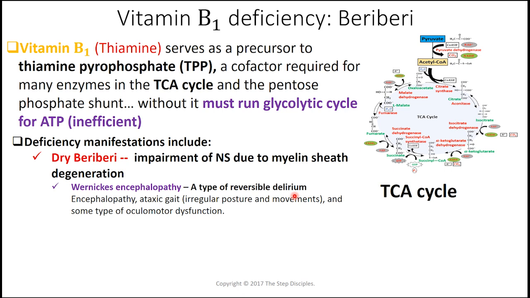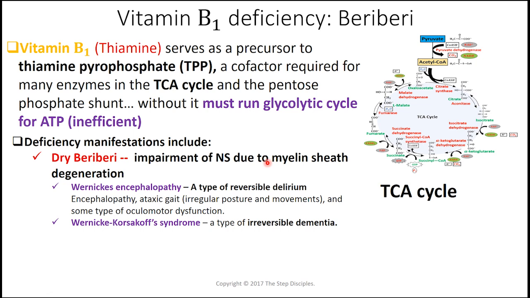But that myelin sheath degeneration is called Wernicke encephalopathy, so just a general name, encephalopathy, brain damage, is a type of reversible delirium. You have encephalopathy, ataxic gait, or irregular posture and movements, and some type of oculomotor dysfunction.